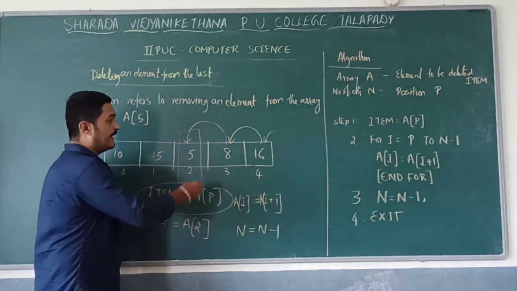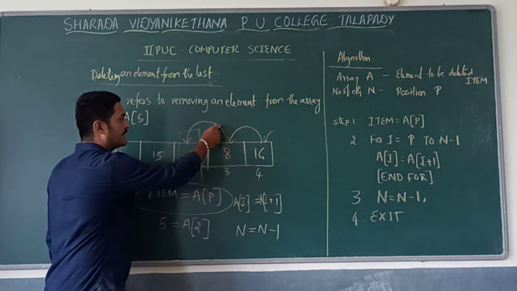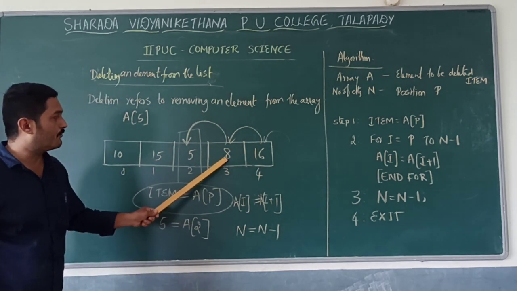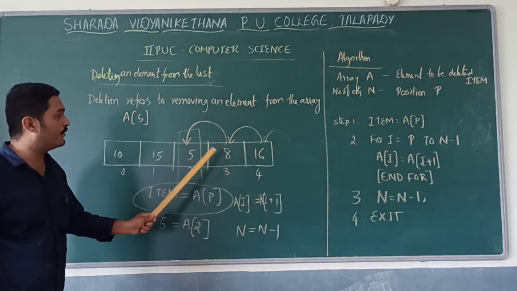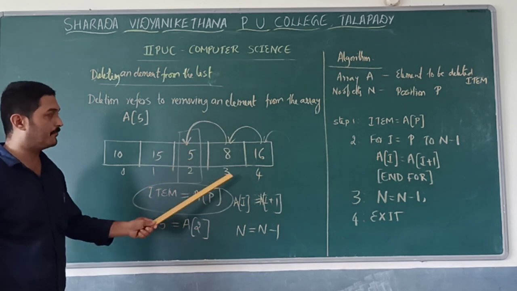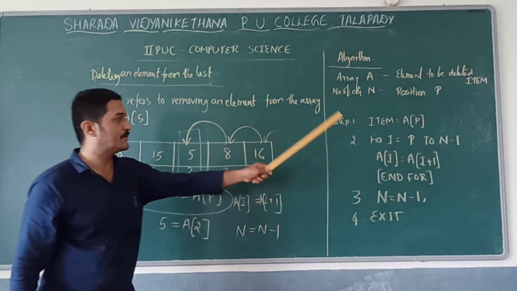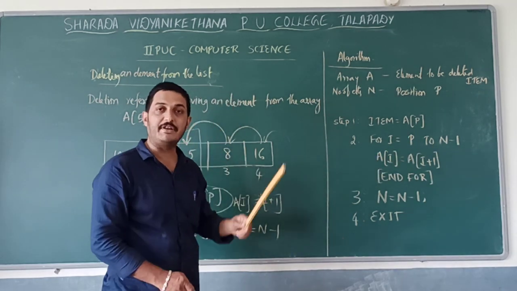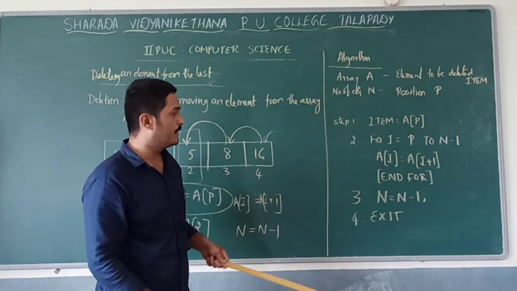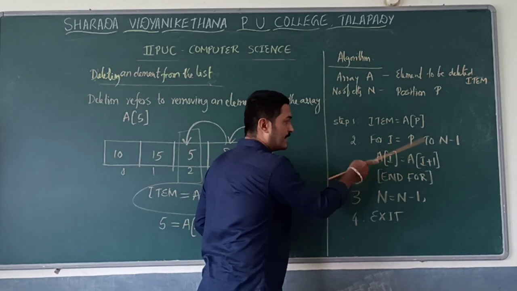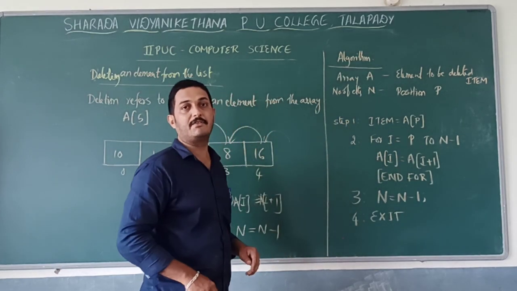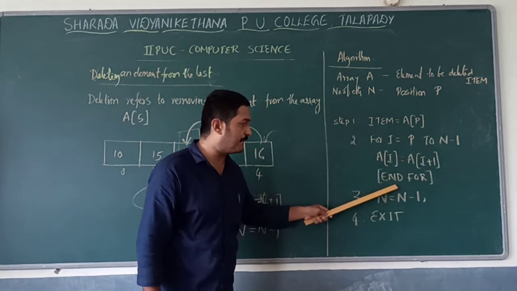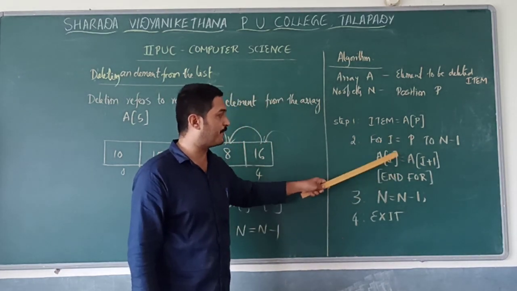That means the value in the next location is assigned to the present location using the assignment operator. For each iteration, we assign the next value to the previous position, continuing like this. Then we use end for, which indicates the end of this for statement.